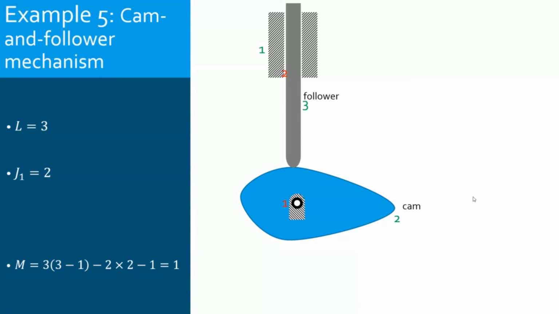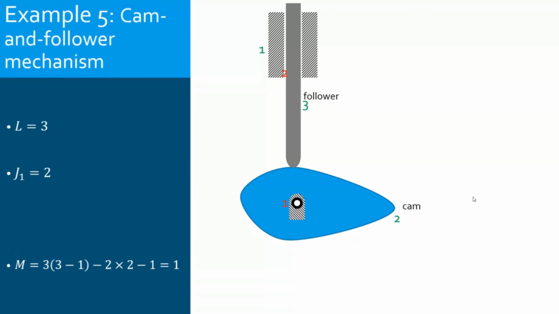So there is a pin joint between the ground and the cam. And we have another lower pair, which is the follower translating along the ground in the vertical direction. So here we have a prismatic joint. It is the second lower pair.